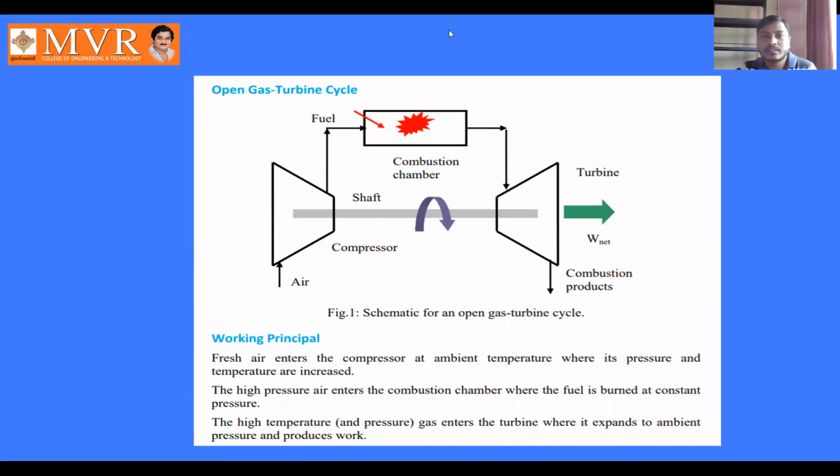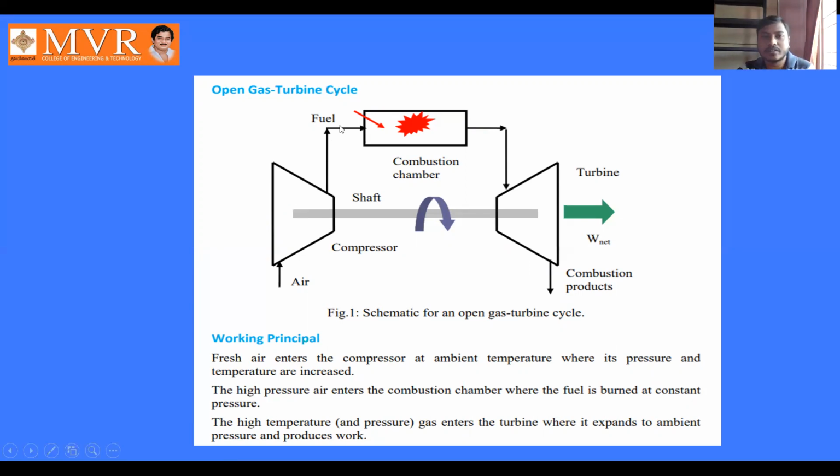Here we can understand the diagram of the open cycle gas turbine. The air enters the compressor, where it is compressed. The compressed air, with high pressure and temperature, enters the combustion chamber. There we add fuel to this air and combustion takes place.